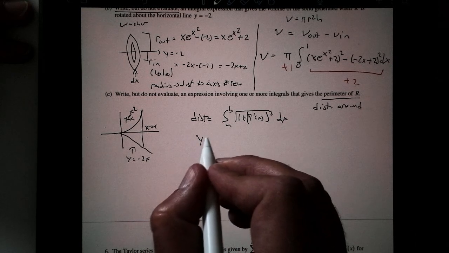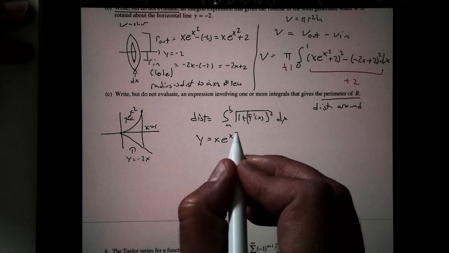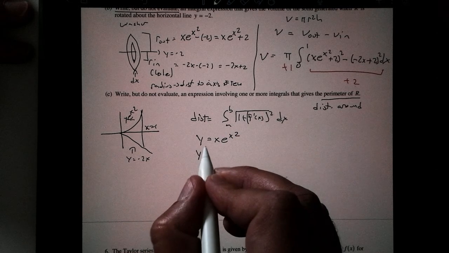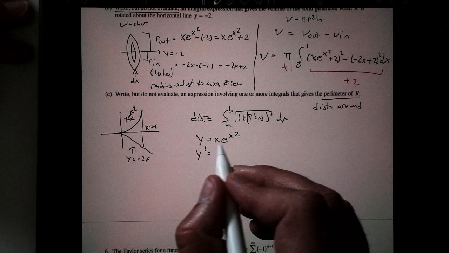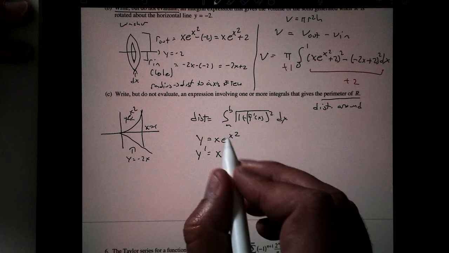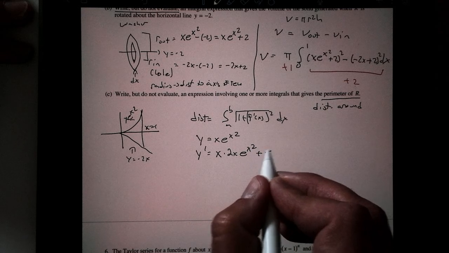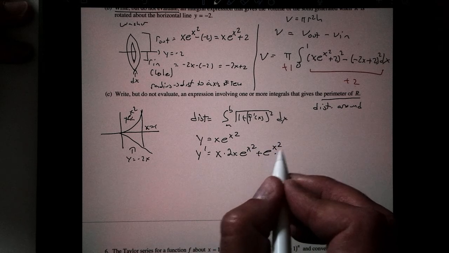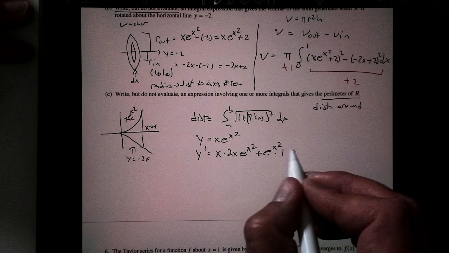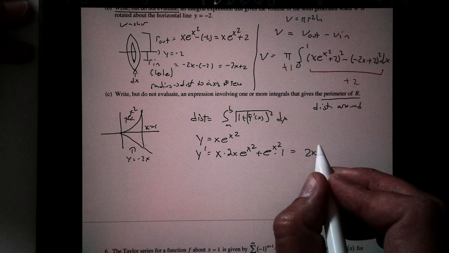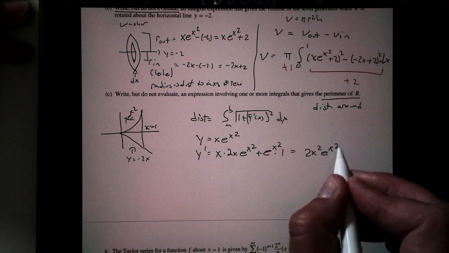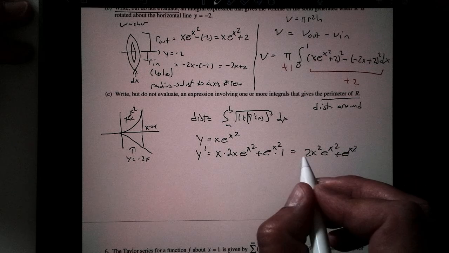If y equals x e to the x squared, y prime would equal, product rule here, the first times the derivative of the second, 2x e to the x squared, plus the second, e to the x squared, times the derivative of the first, which is 1. Cleaning this up, 2x squared e to the x squared plus e to the x squared.